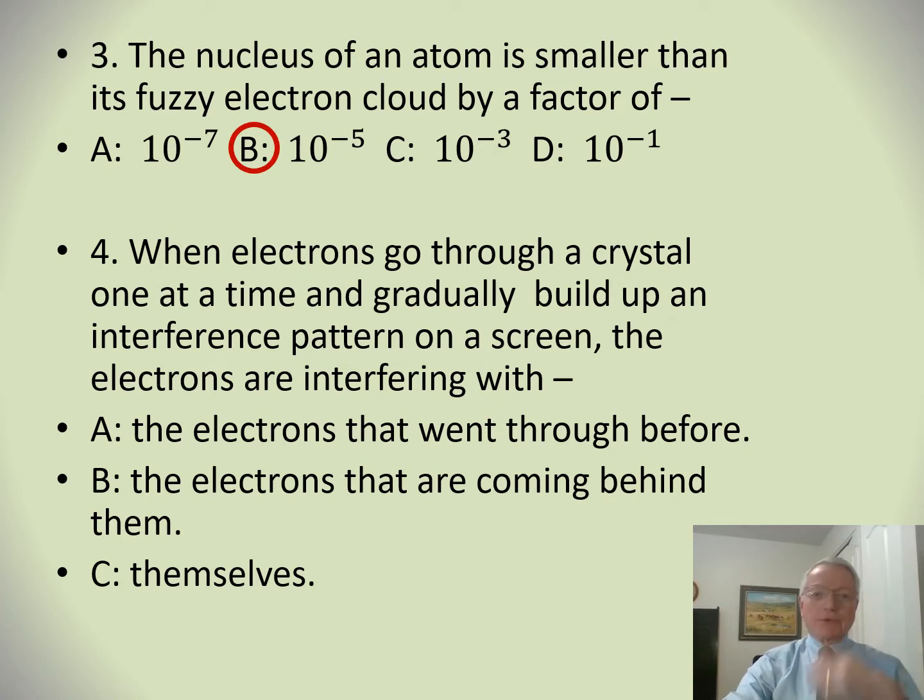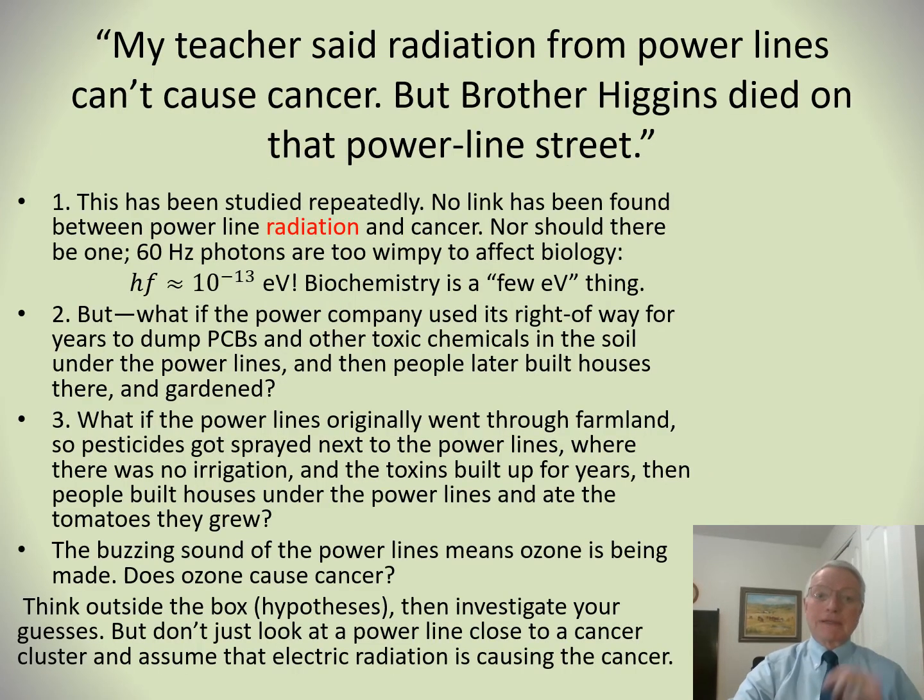When electrons go through a crystal one at a time and gradually build up an interference pattern on the screen, the electrons are interfering with what? And strange as it is, the answer is they interfere with themselves. And I can't tell you how to understand that. It's just the way the mathematics comes out, and it agrees with experiments.